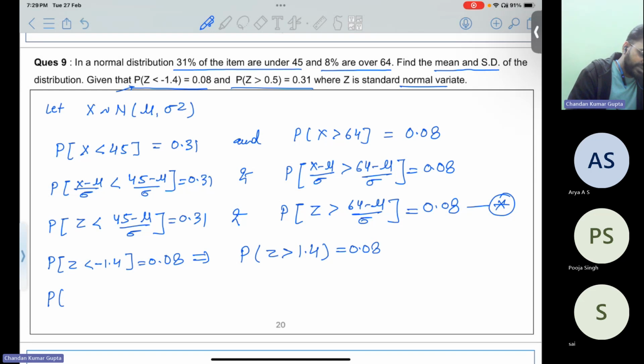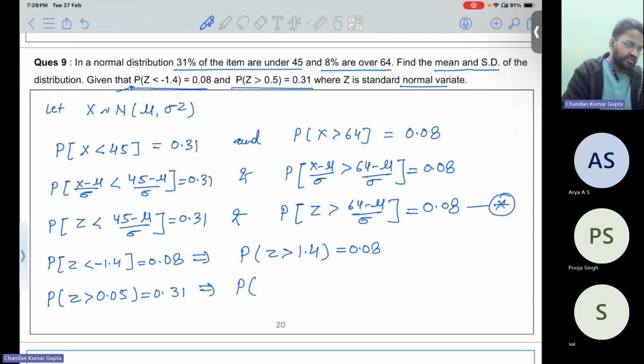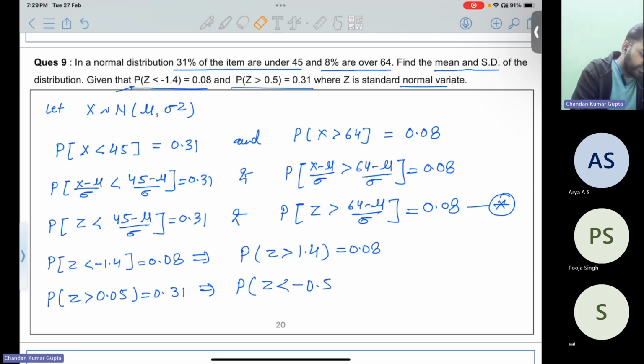Also, the probability that Z is greater than 0.05, sorry, is equal to 0.31. This implies probability that Z is less than minus of 0.5, sorry, it's 0.5, not 0.05.